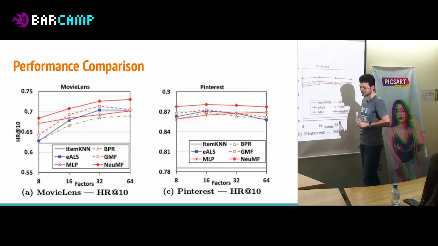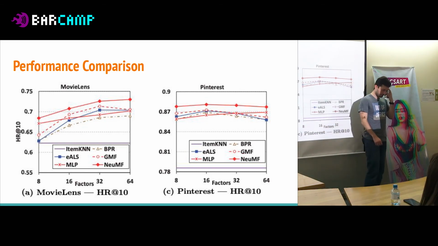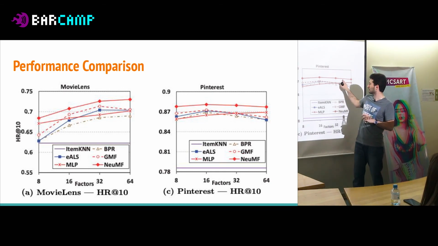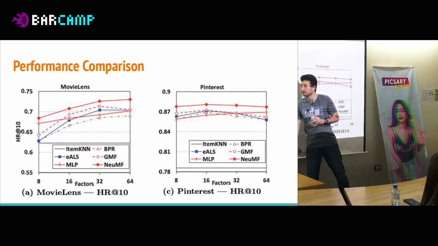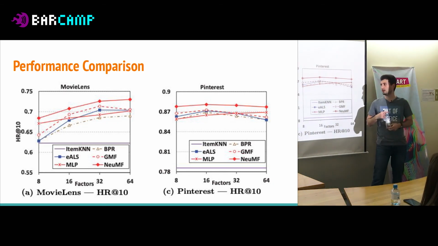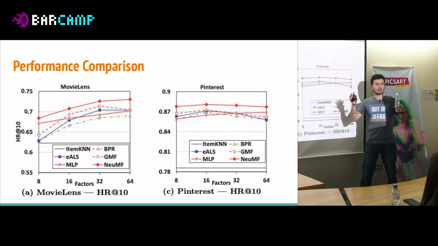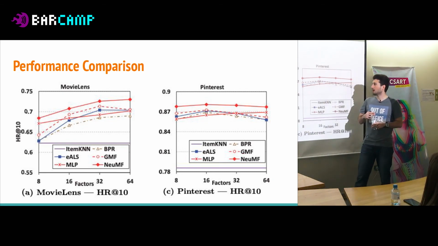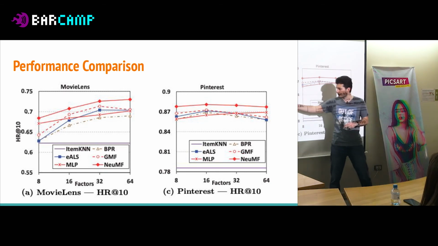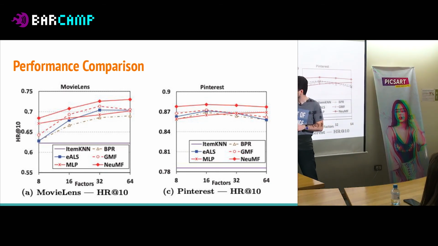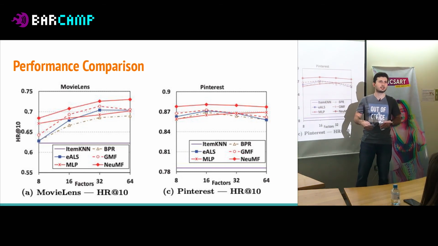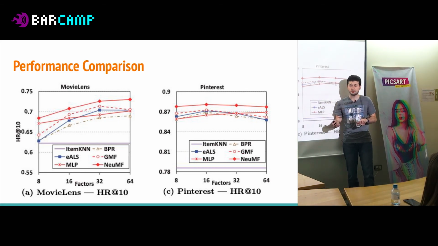So those are results. They have shown the top red line with red squares is the performance of the neural network algorithm, the one that I showed last, the one that was fused, in comparison with some other benchmarks. And the most interesting benchmark is EALS, which is considered to be one of the state-of-the-art matrix factorization algorithms.